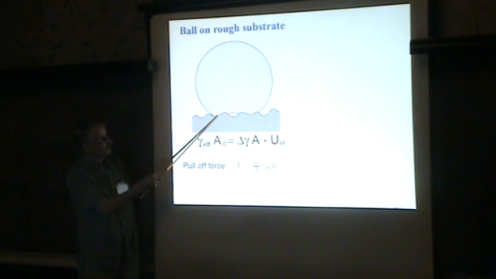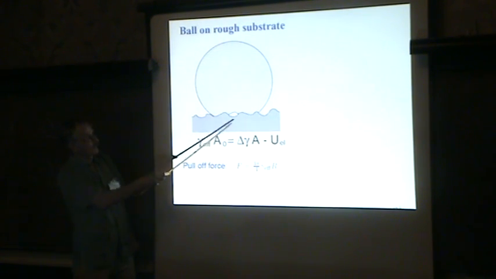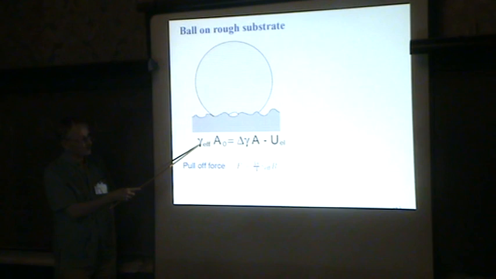And delta gamma is the binding energy per unit area in this region where you make atomic contact. And then you have to subtract away the elastic energy stored close to this asperity, because to make contact, you need to deform the rubber surface on the short wavelength scale here, and you store up a lot of elastic energy here, that's what I told you before. But this is an effective interface binding energy per unit area, and if you use it defined this way, you can still apply the JKR theory.